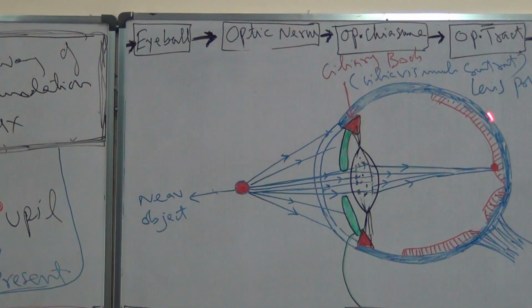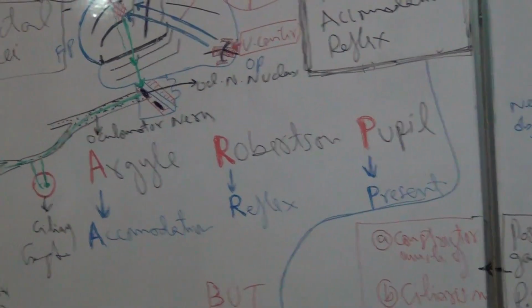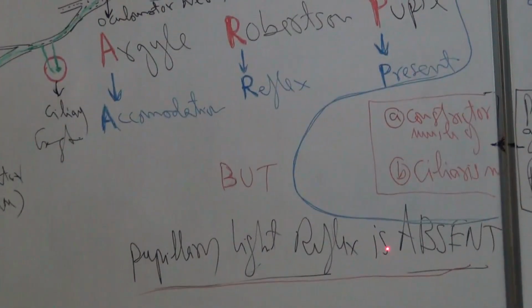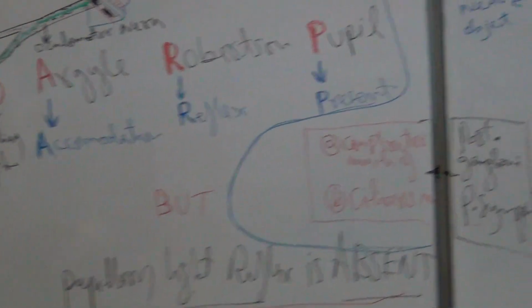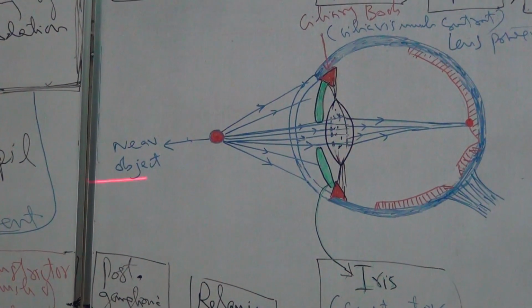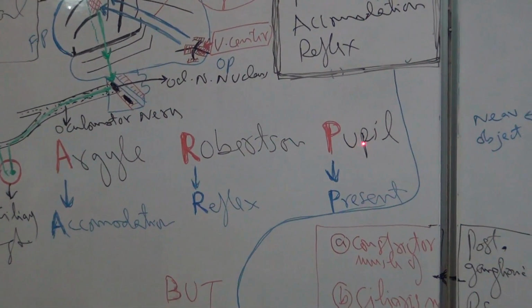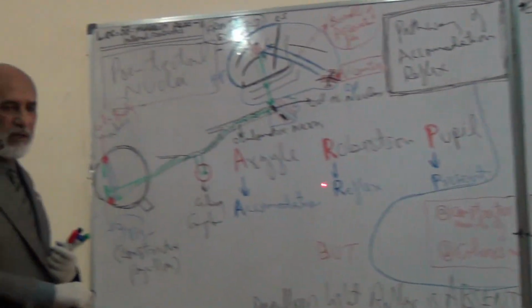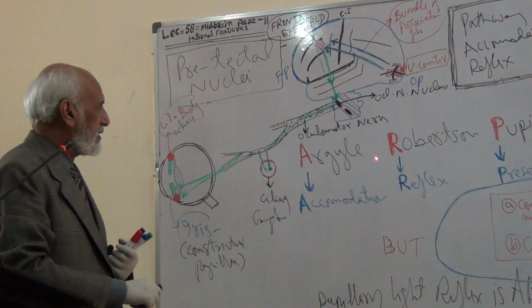So in the pupillary light reflex pathway, the constriction of the pupil is lost. In the pupillary light reflex, the pupillary constriction is absent, but pupillary constriction in the accommodation pathway is present in Argyll-Robertson pupil, where the lesion occurs in the pretectal nuclei and also in the fibers connecting the pretectal nuclei.